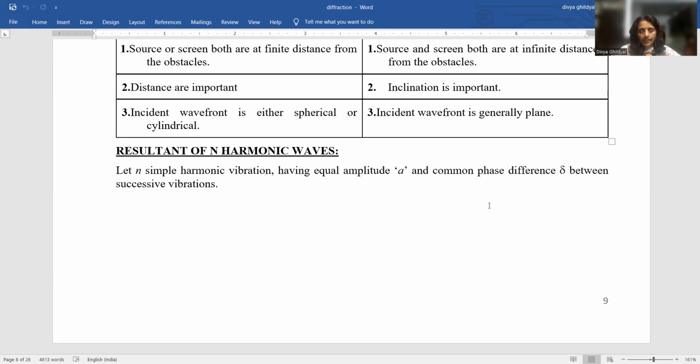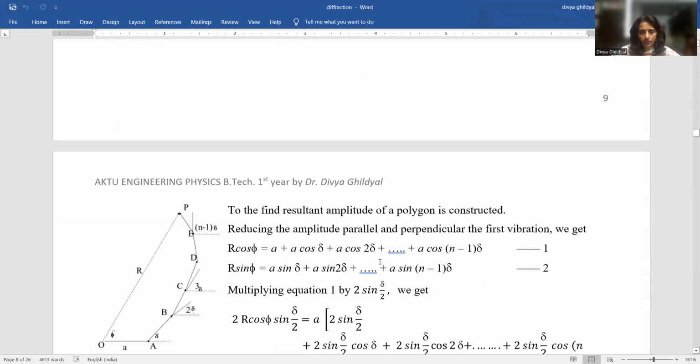So first, take a printout of this PDF file which is given in the comment box and start following step by step with me of how I have derived a formula for resultant due to n number of rays which are undergoing diffraction. So let us begin with n number of simple harmonic vibrations. They all are having equal amplitude A and a common phase difference of delta between the successive vibrations.